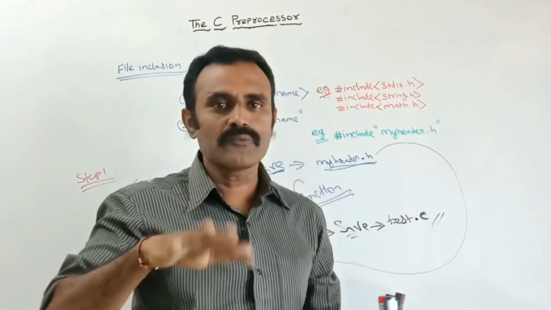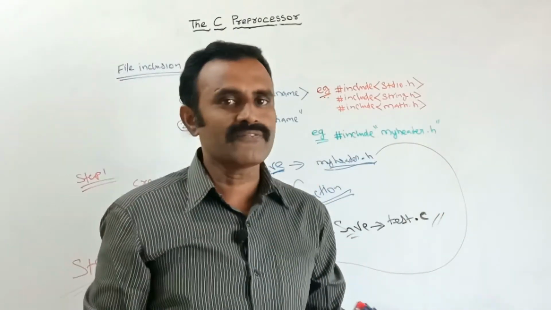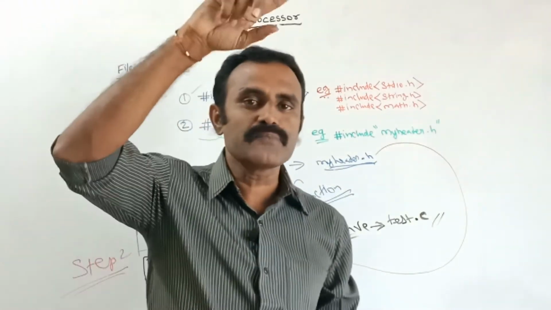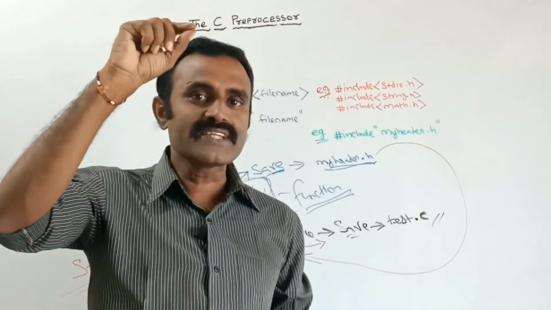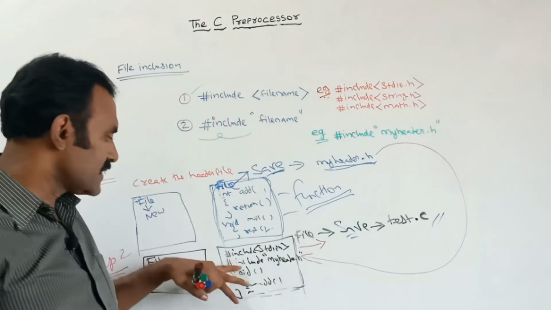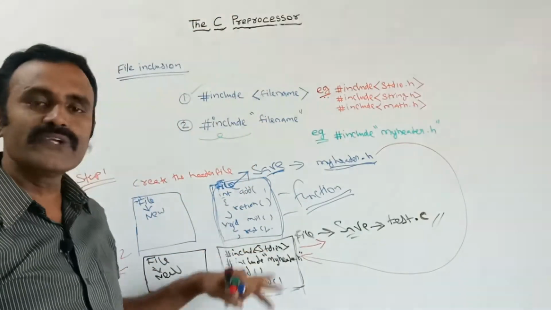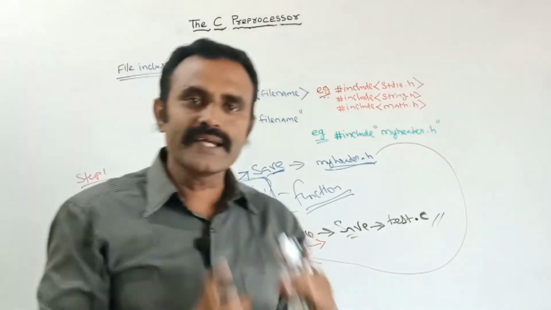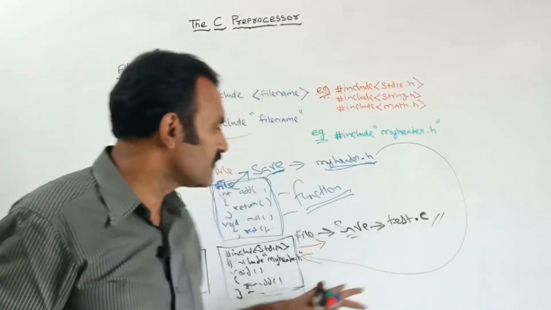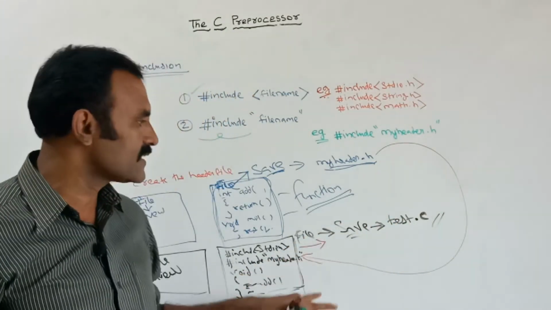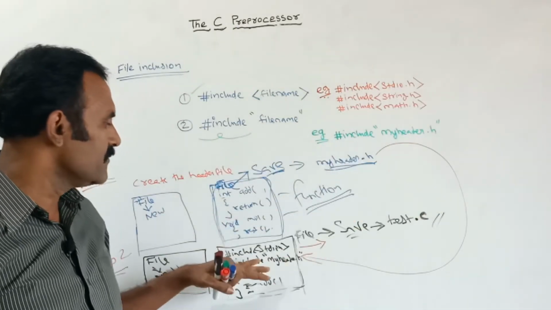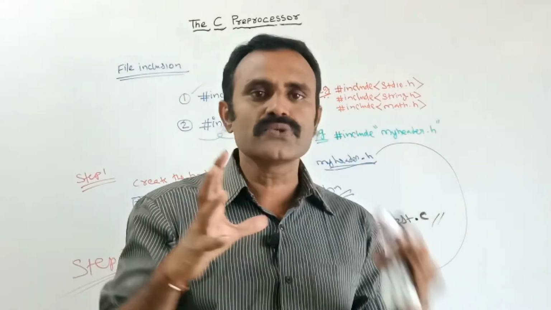After that I create the second file, in which I include the previous file with the .h extension, and after that I write my source code. I save the second file as test.c. When we run test.c, the header file will be included and then do some processing.